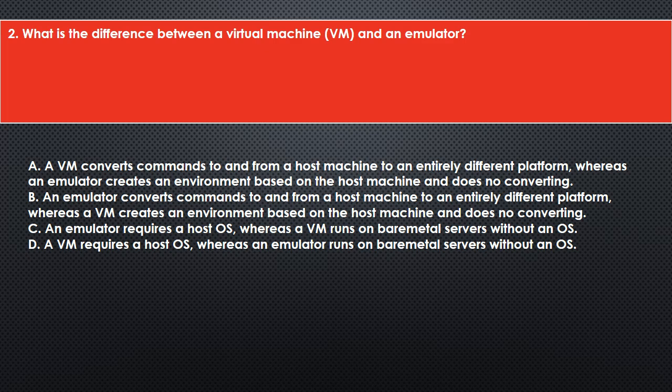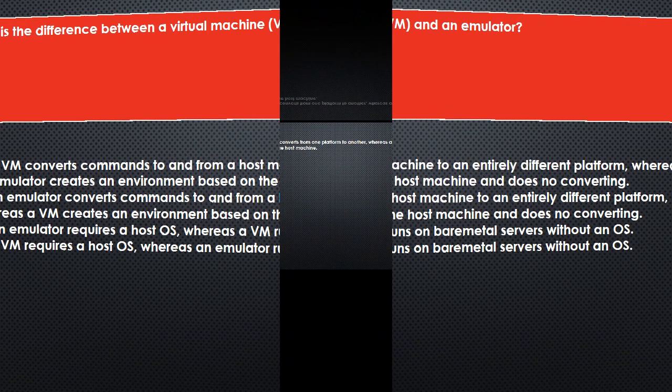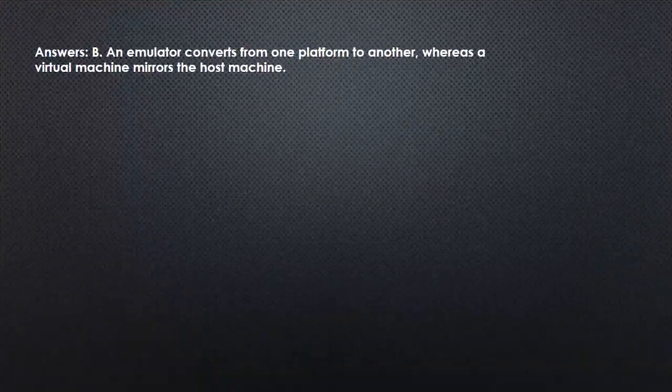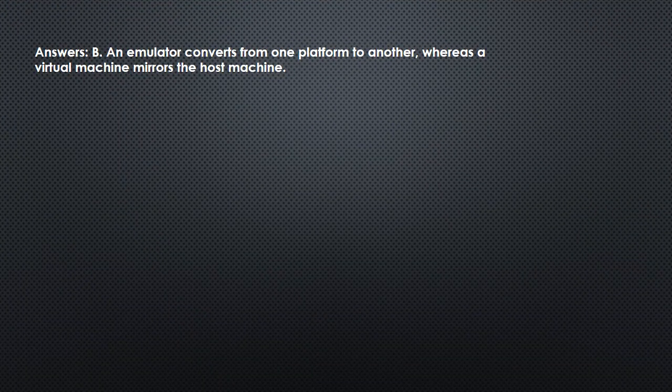C. An emulator requires a host OS, whereas a VM runs on bare metal servers without an OS. D. A VM requires a host OS, whereas an emulator runs on bare metal servers without an OS. Answer: B. An emulator converts from one platform to another, whereas a virtual machine mirrors the host machine.